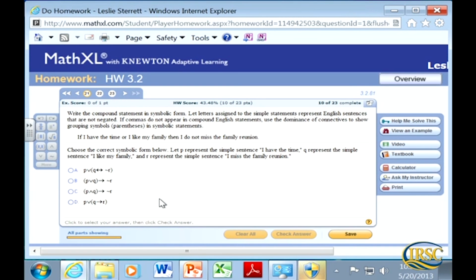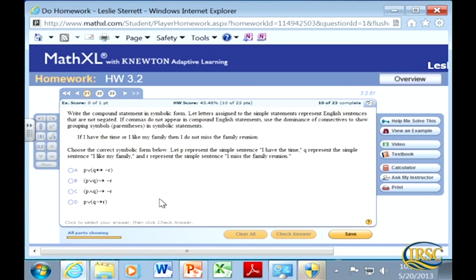So if I have the time or I like my family, then I do not miss the family reunion.